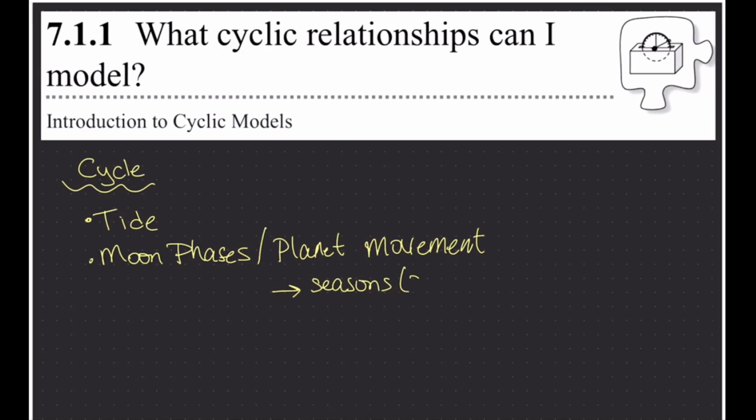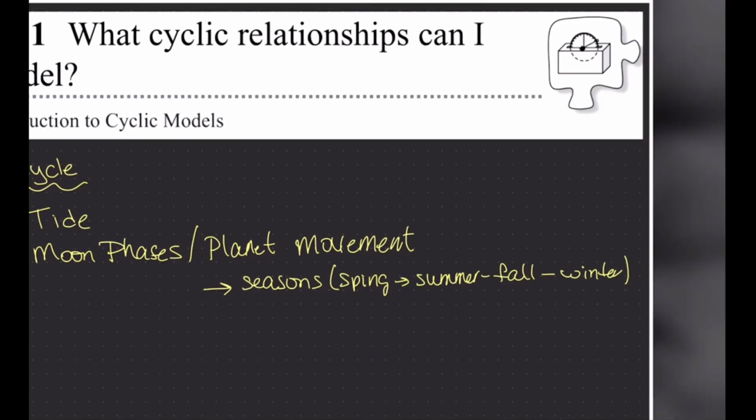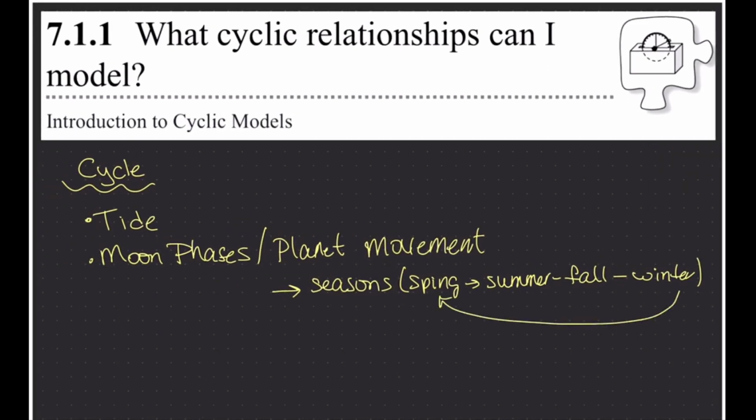So we go from spring to summer, then fall, or autumn, you guys call it fall, and then to winter. And then it comes right back to spring. So it goes through that cycle over and over again, year after year.